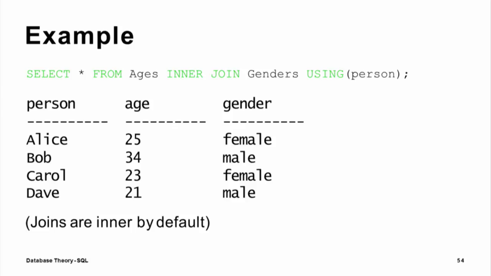So that's the normal one. We are selecting every column that we have from ages, and we join them with the genders, and that's the inner, which is the default one, and we're going to use the person. So we get 4 rows in our result set, which is fine.